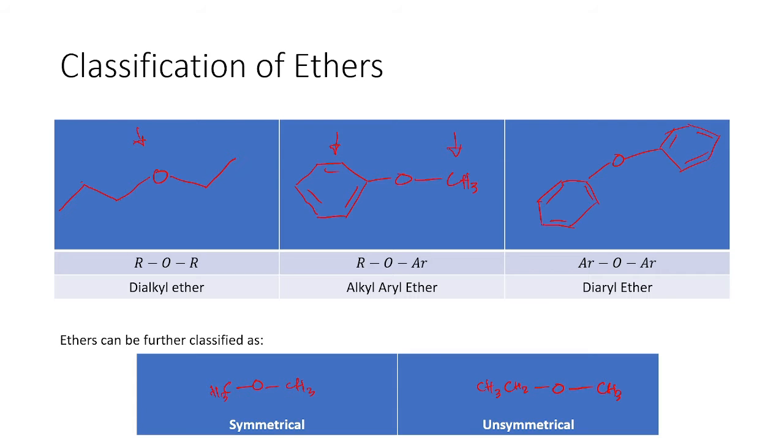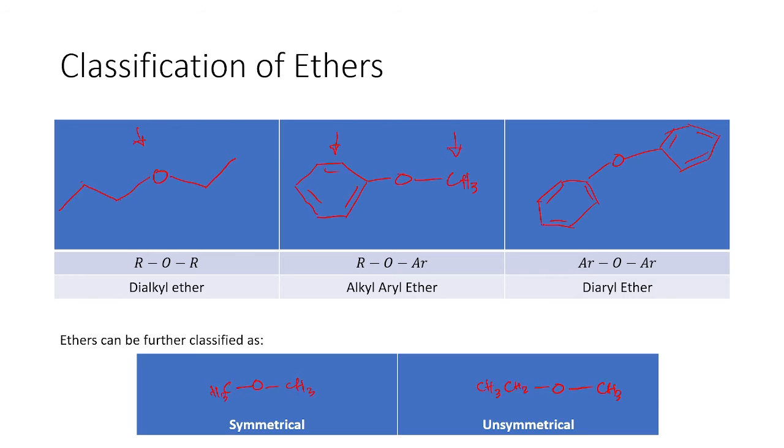We can classify ethers based on the types of groups attached to our oxygen. If we have two alkyl groups, that is a dialkyl ether. If we have one alkyl group and one aryl group, that will be an alkyl aryl ether. And if we have two aryl groups, that will be a diaryl ether.